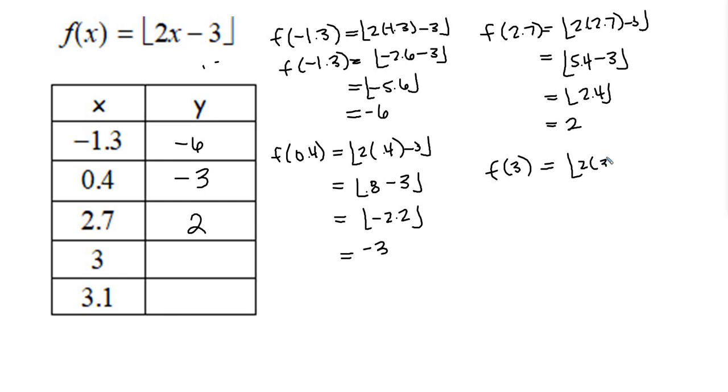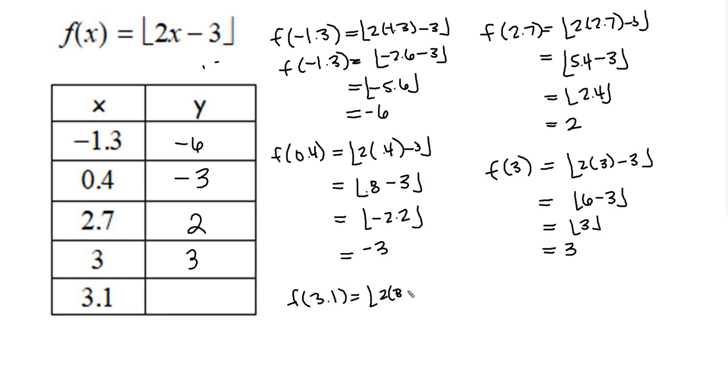So I have 2 times 3 minus 3. 2 times 3 is 6, and 6 minus 3 is 3, and 3 is an integer, so the greatest integer is itself. The last one, 3.1. So I have the greatest integer of 2 times 3.1 minus 3. 6.2 minus 3 is 3.2, and the greatest integer of 3.2 is 3.